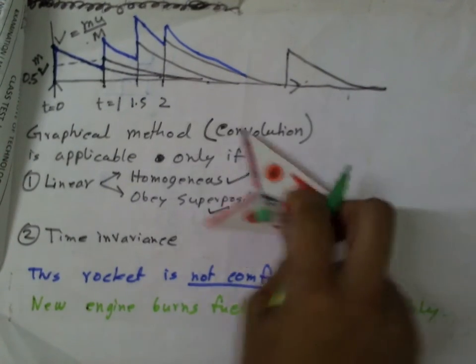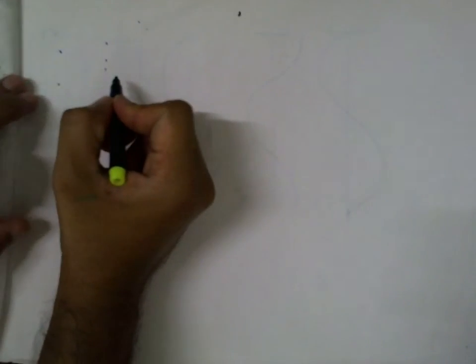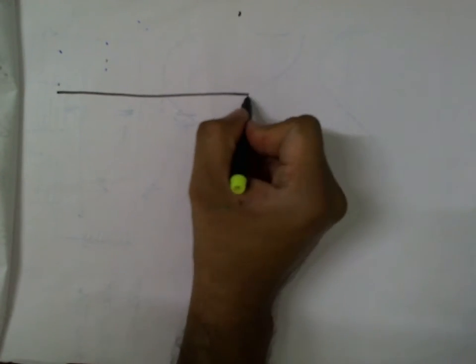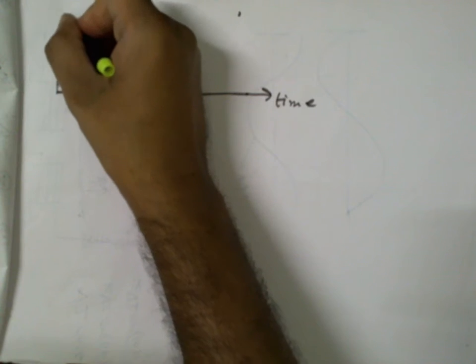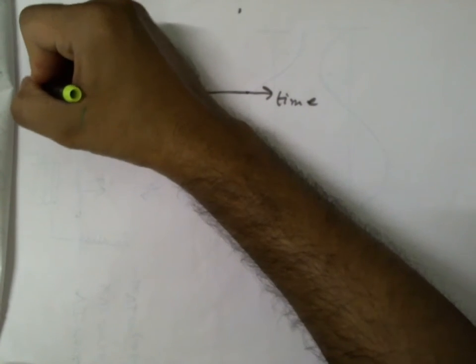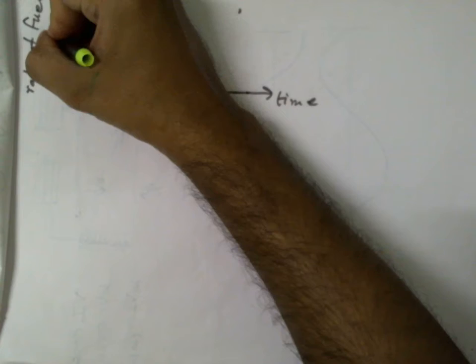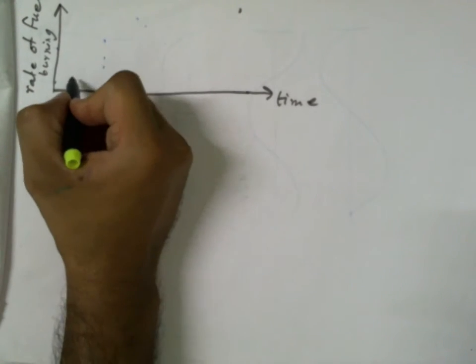Okay. Therefore, if I draw the fuel consumption or rate of fuel burning as a function of time, so this is time and this is rate of fuel burning, then previously it was impulsive.